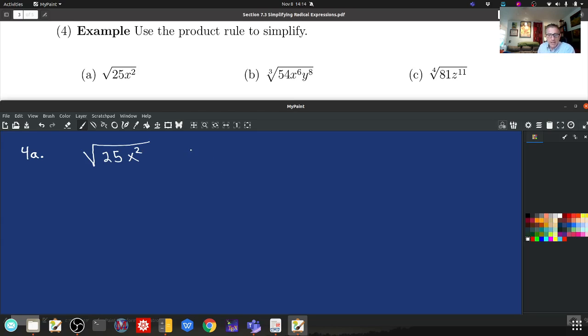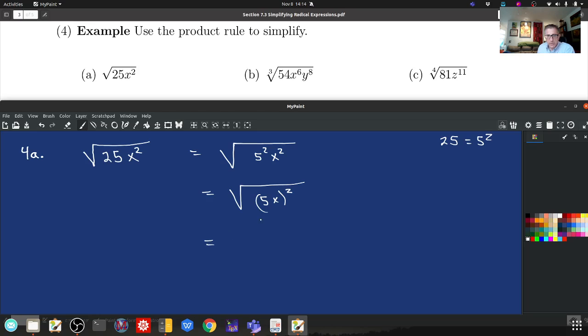And that's just malarkey. So 25, we should know already, is equal to 5 squared. So remember, our unwritten index is 2. So that's 5 squared times x squared. So that's equal to the square root of 5x squared.